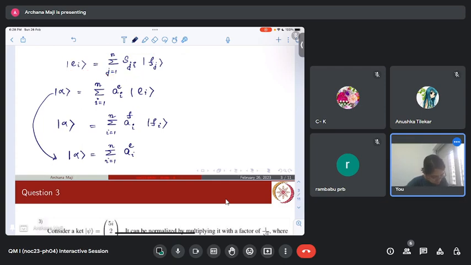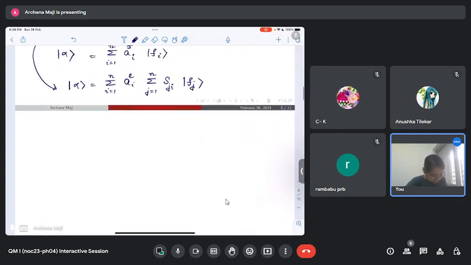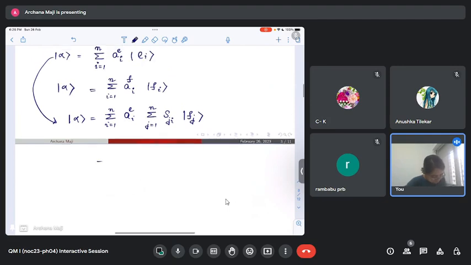So summation over j equal to 1 to n. So what do we get? j is equal to 1 to n, summation over i equal to 1 to n.